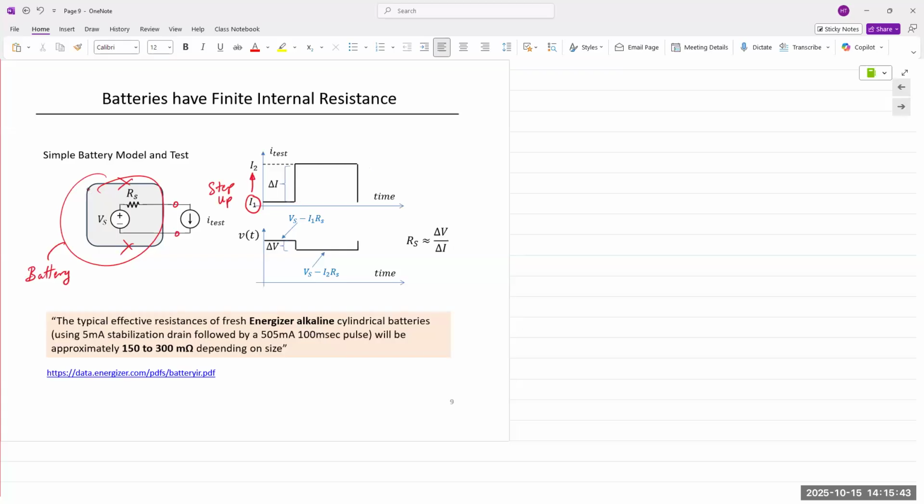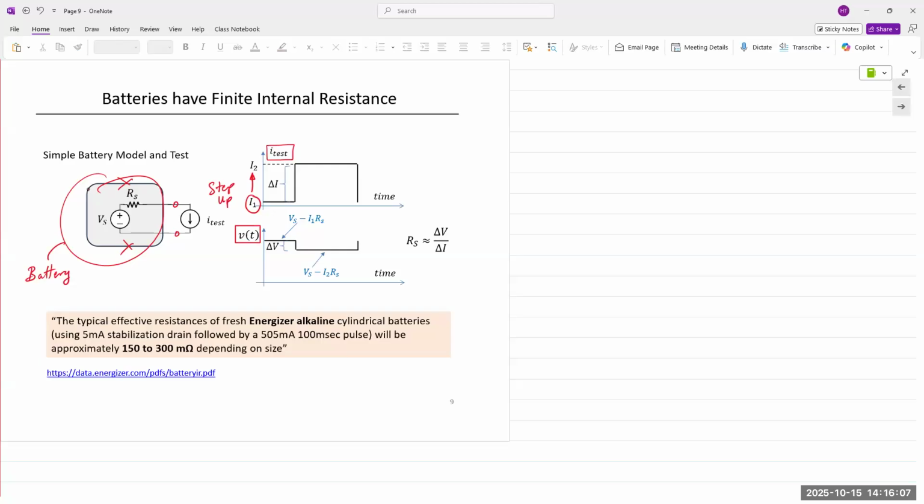What we are doing is applying two different values of the test current, I test, and measuring the response of the battery at the output terminals. So we're measuring the voltage that we obtain as a result of applying this current.